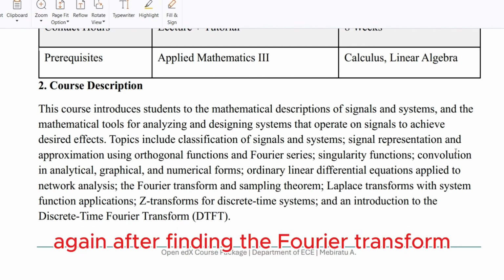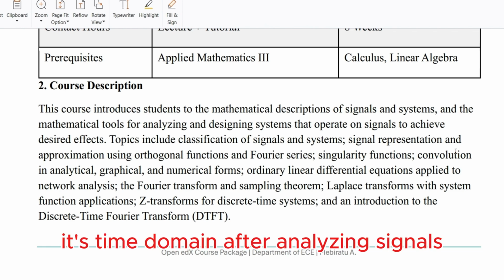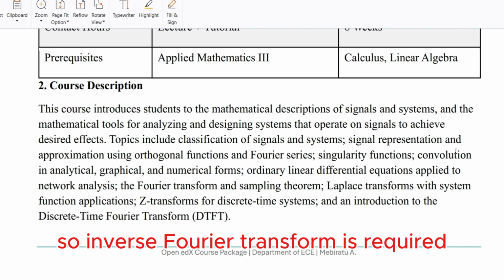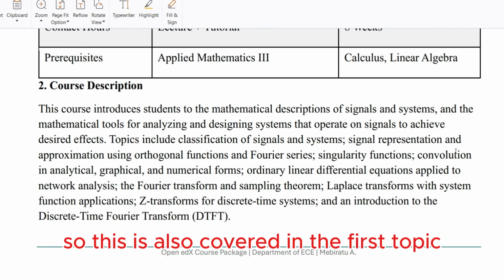Again, after finding the Fourier transform, it is necessary to convert back to the time domain after analyzing signals, so the inverse Fourier transform is required. Another one is the frequency response of a system. This is also covered in the first topic.